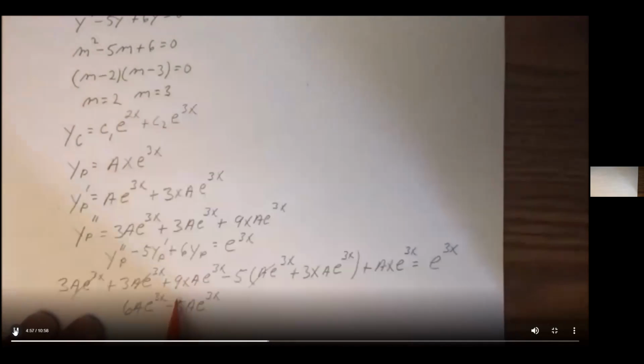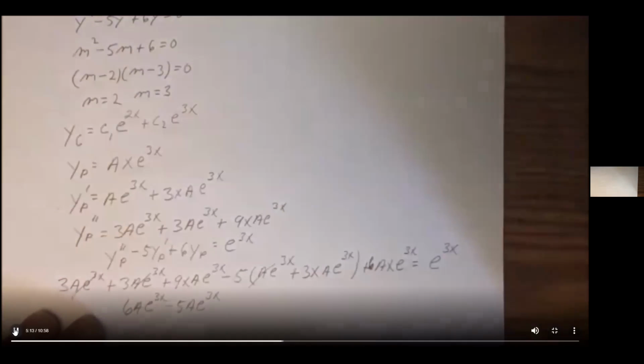A bunch of terms here. Here I've got a 6a e to the 3x, and on this side we have a minus 5a e to the 3x, right? So that takes care of this and this. Now here we've got a 9x a e to the 3x, and then a 15 here.